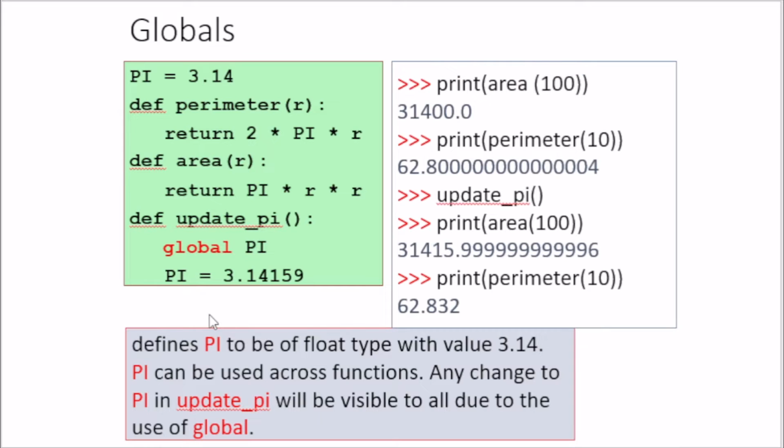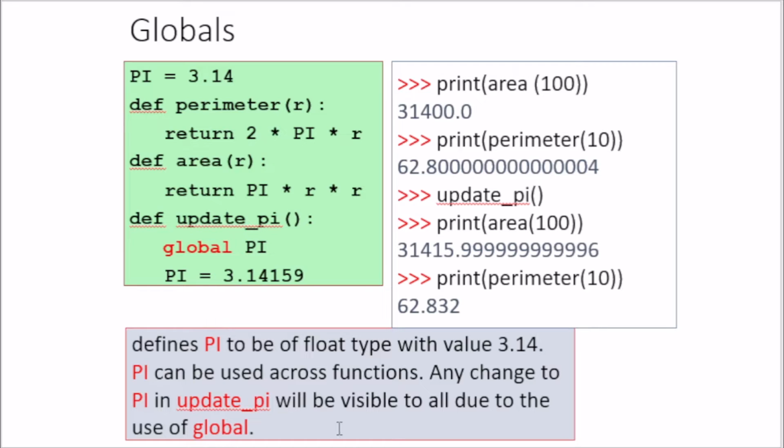Same way, if you call the perimeter function with value 10, you will get 62.832. So this is how we can use global if you want to communicate certain values to functions. I hope you have understood all these things.